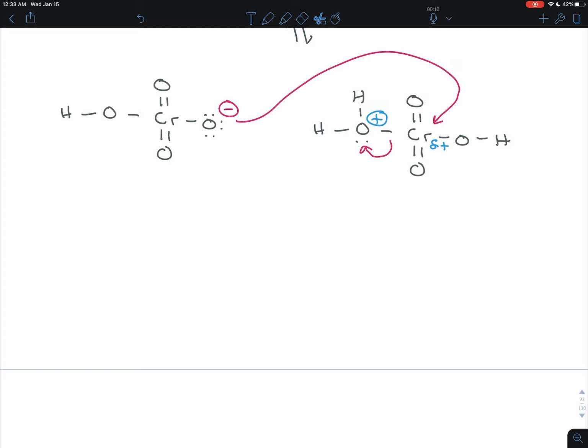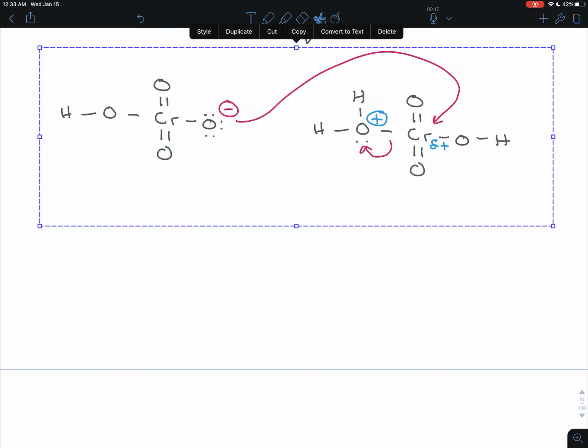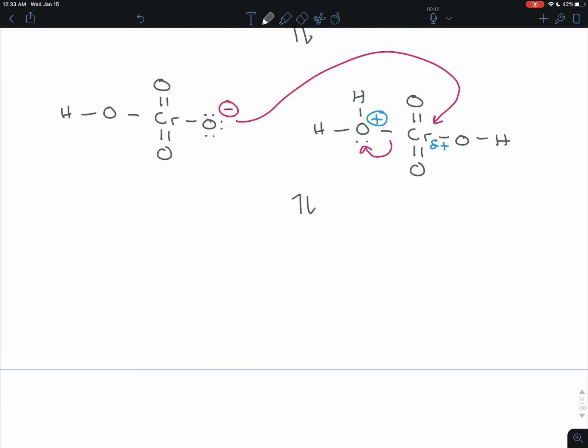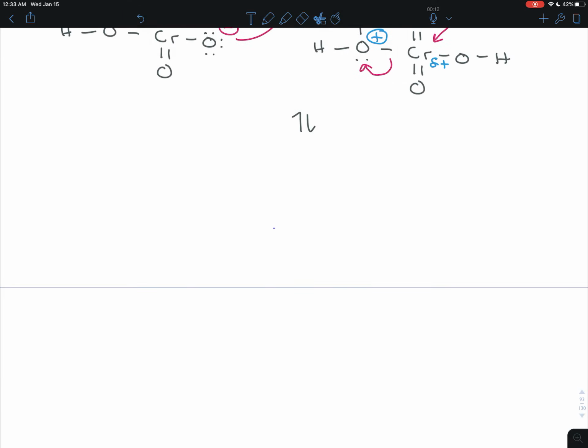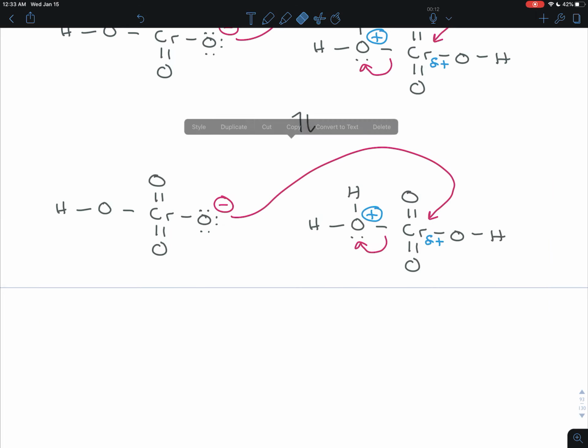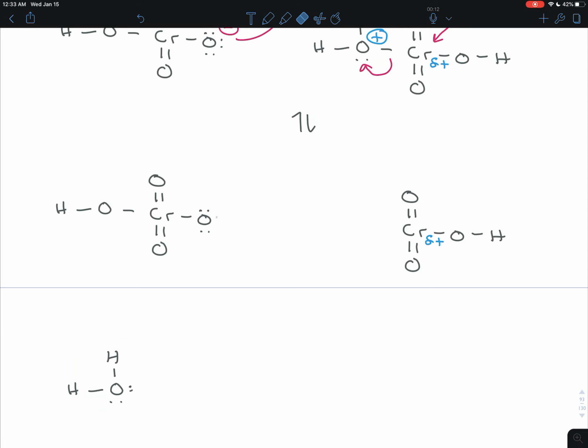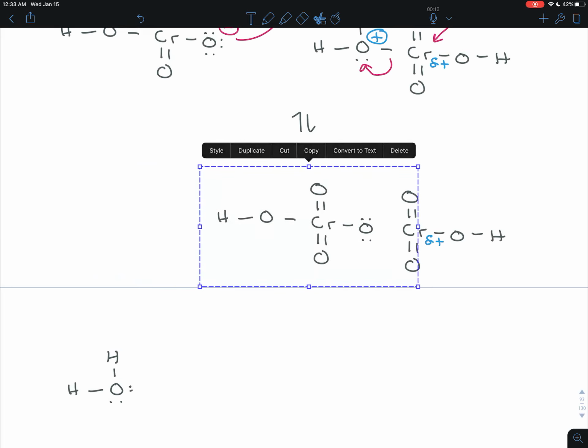Okay, so let's imagine that this happens, and what we would have next is these electrons would go onto that oxygen, and that would leave as a sort of great leaving group, water. And then this oxygen here would connect to the chromium.